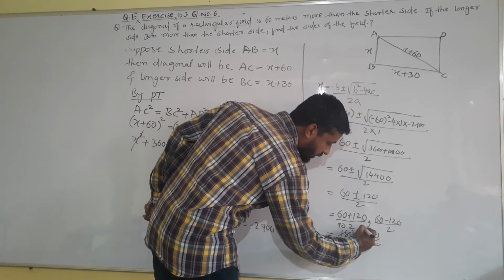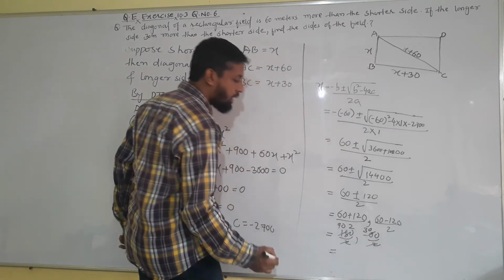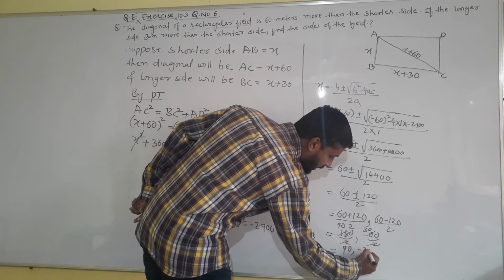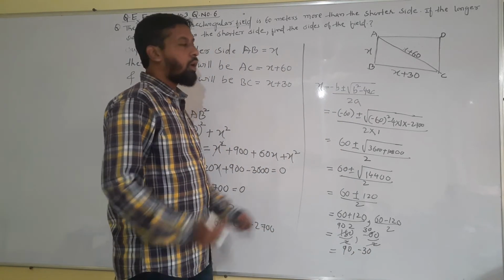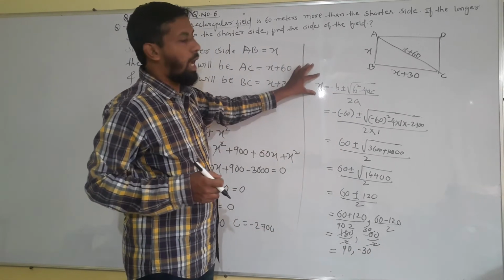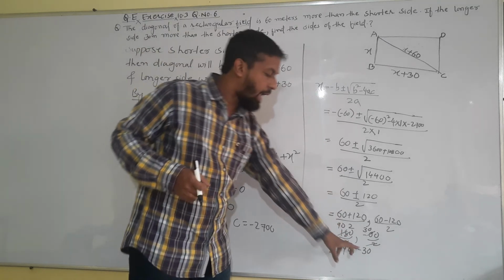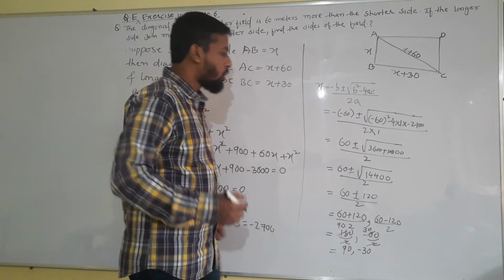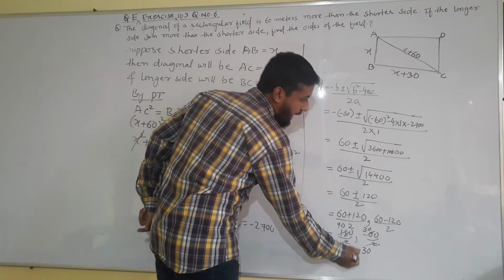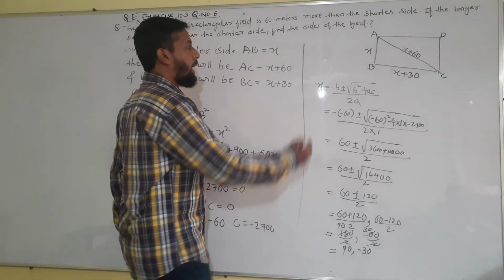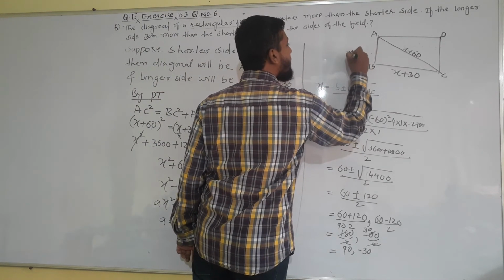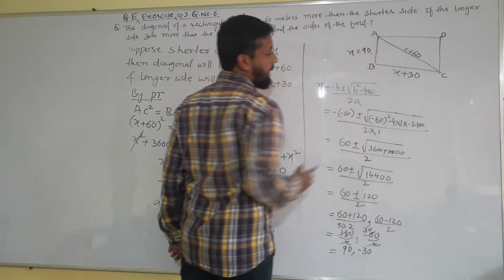Here 2 ones are 2, 2 threes are 6, 0 as it is. Answer will be 90 comma minus 30. We know when we are finding a length, we neglect this minus 30 and we have to take the positive value. So the shorter side is 90. X is equal to 90.